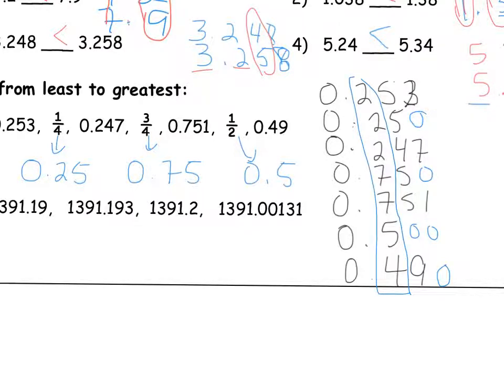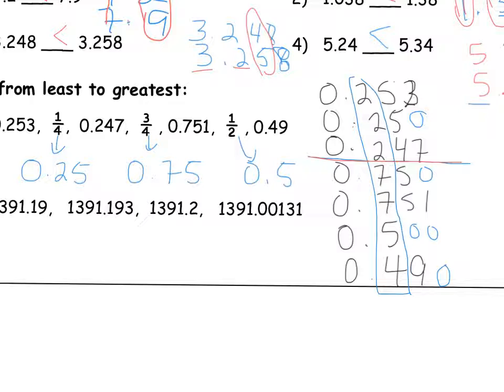Since I'm doing least to greatest, I notice that 2 is the least in the tenths place. So the 3 numbers that I'm going to list first are the ones with the 2 in the tenths place.